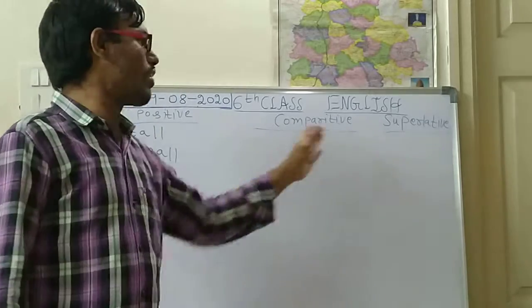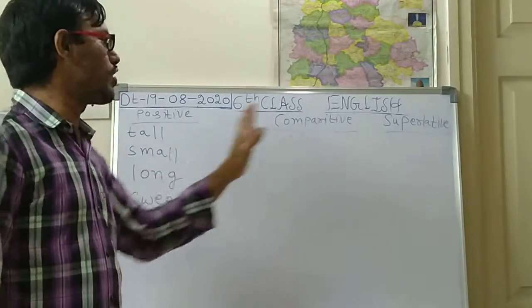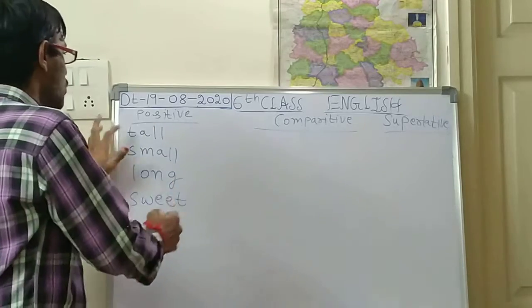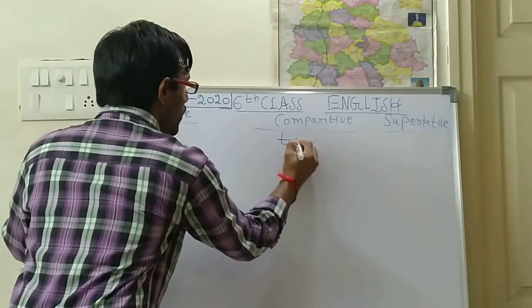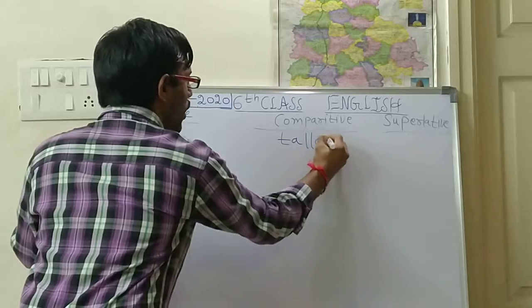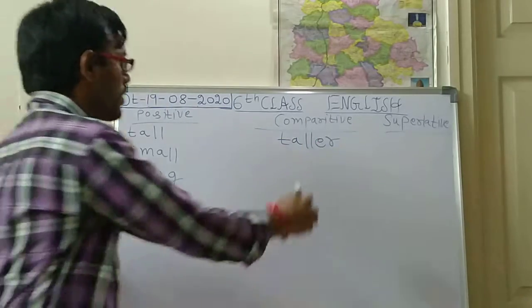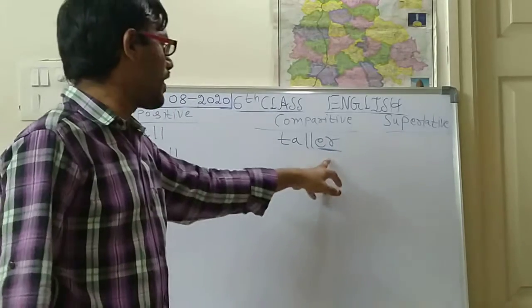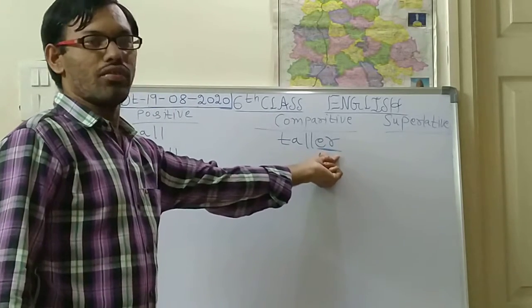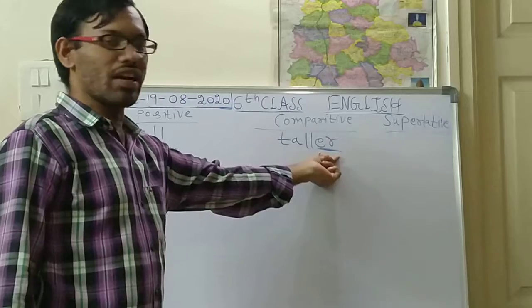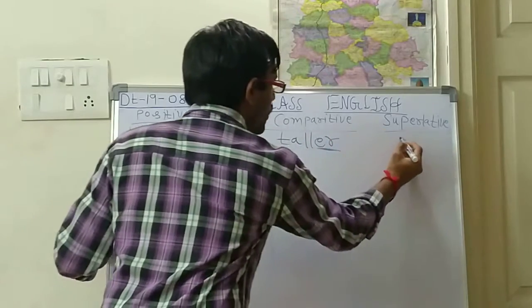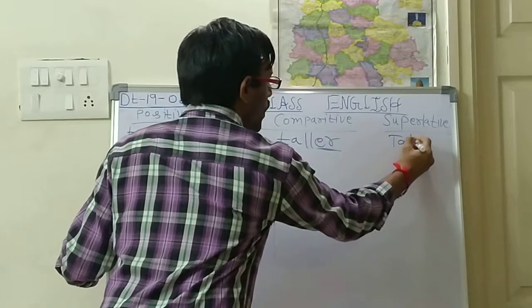So what are the forms of comparative and superlative for these four words? Tall becomes taller. Taller is comparative because in the comparative, er will come compulsorily. Er is a clue for the comparative word. Superlative is tallest.